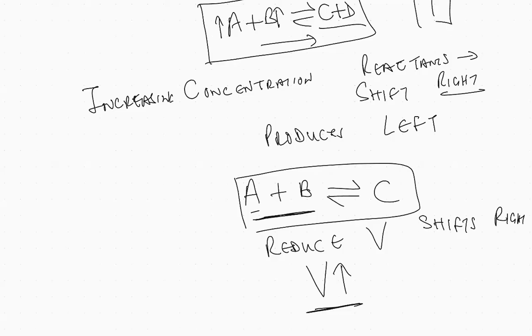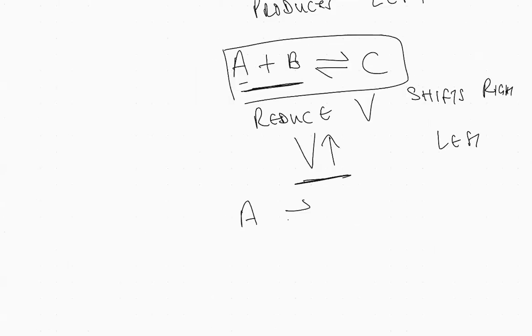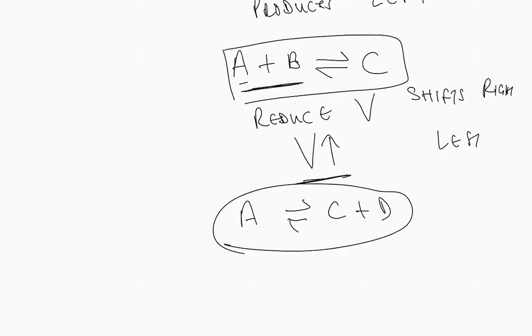In this situation, right? So if you have a scenario where A gives out C and D, then you can see that if you reduce the volume, what happens? In this case, the reaction will go to the left, because it is producing C and D, but it's going to go more towards A, and then it will attain the equilibrium.